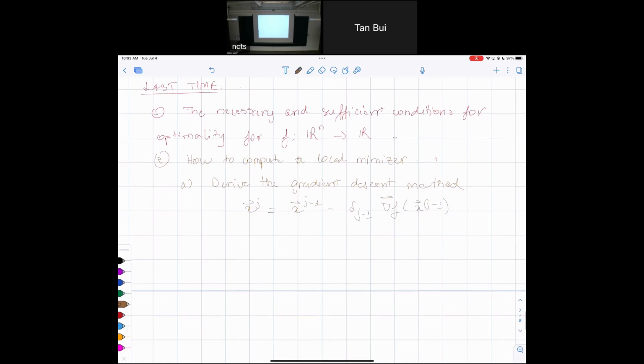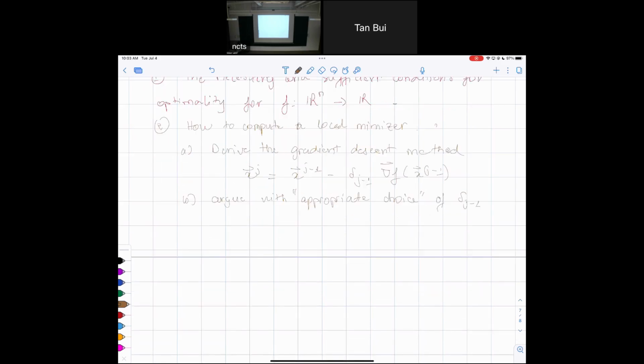Then we argued that with an appropriate choice, and of course we didn't mention much about that choice of delta j minus 1, the sequence is going to converge to x star, where x star is a local minimizer.